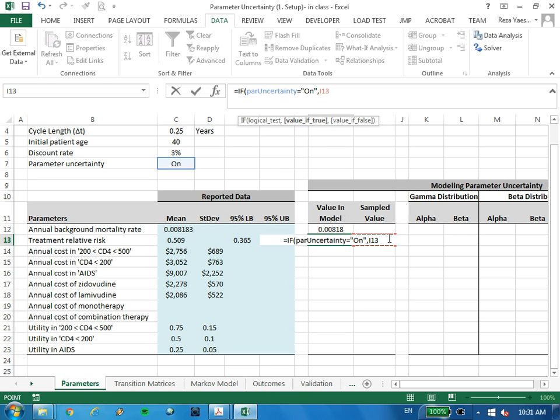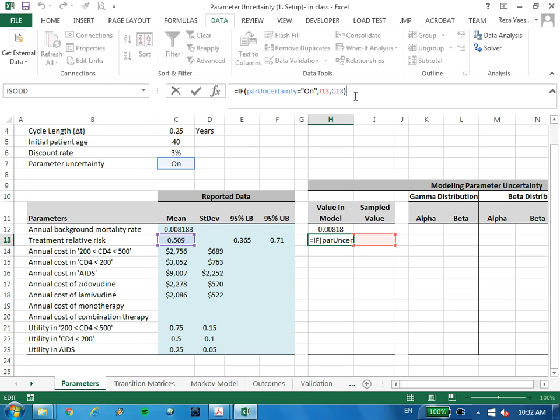And if it is off, I will go with the estimated mean reported in the data. Okay, does it make sense? So this is the estimated mean reported in the data. This is what we have been using so far, right?